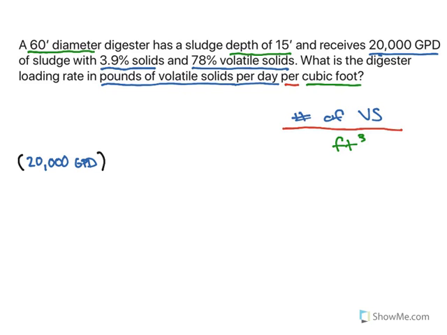So 20,000 gallons per day times 8.34 pounds per gallon times 3.9, or 0.039, 3.9% solids to get our total solids content. And then out of those total solids, 78% are volatile, so we also need to multiply this by 0.78.